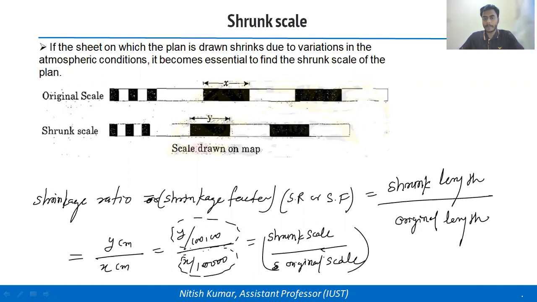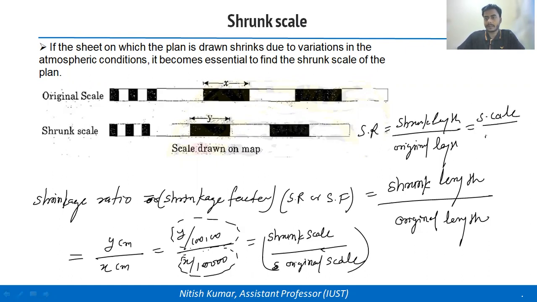Are we clear here? So we can write here that shrinkage ratio is equal to shrunk length divided by original length, or also we can say shrunk scale divided by original scale.